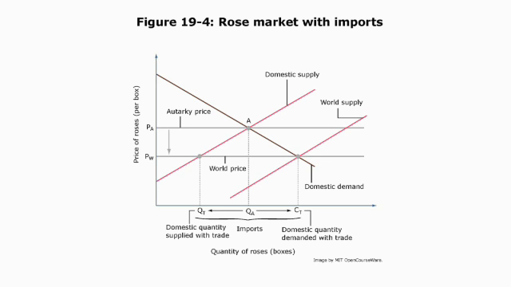We now trade with Colombia for roses. That means instead of just drawing on the domestic supply, we can now draw on the world supply of roses.